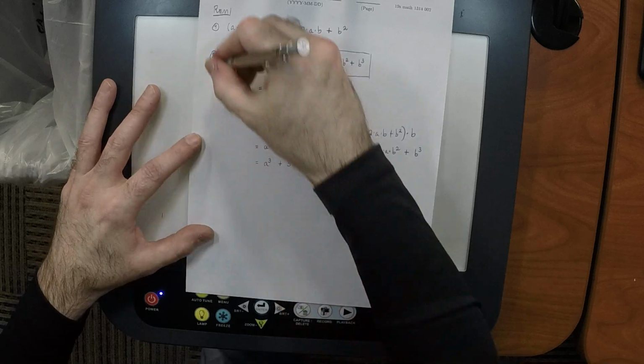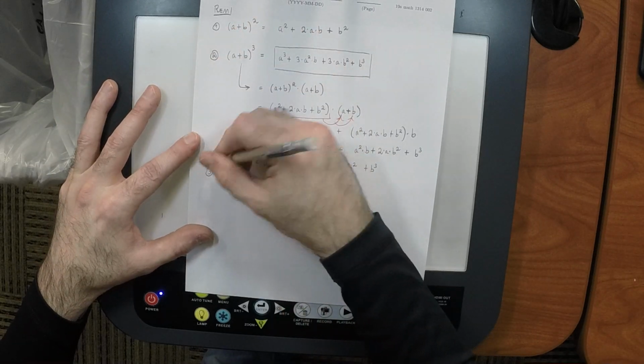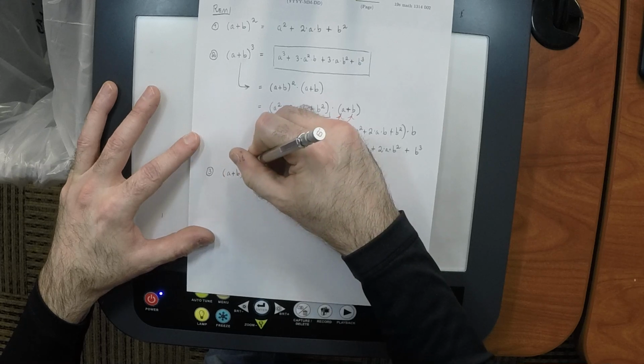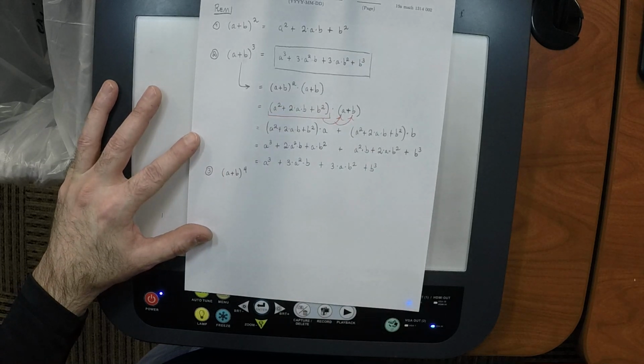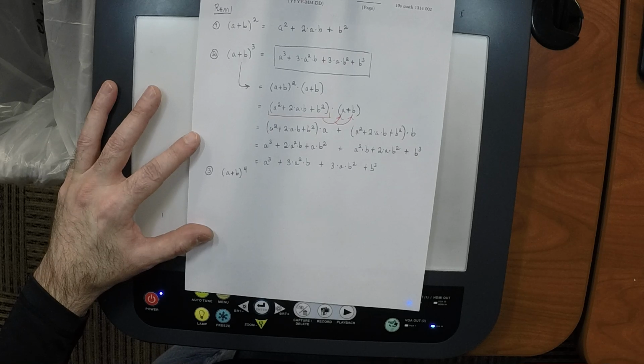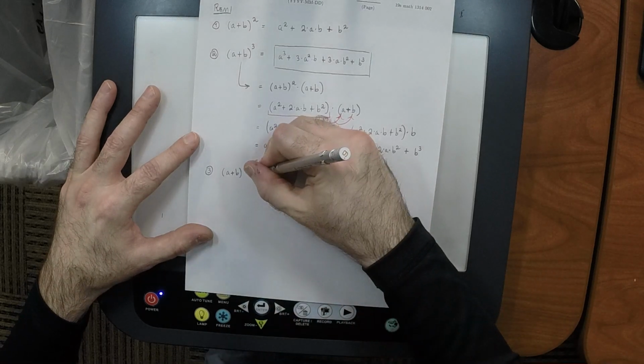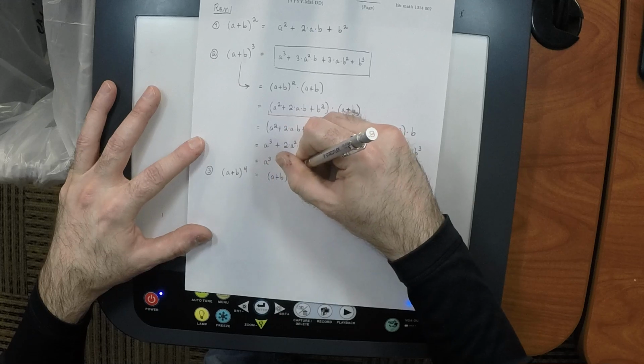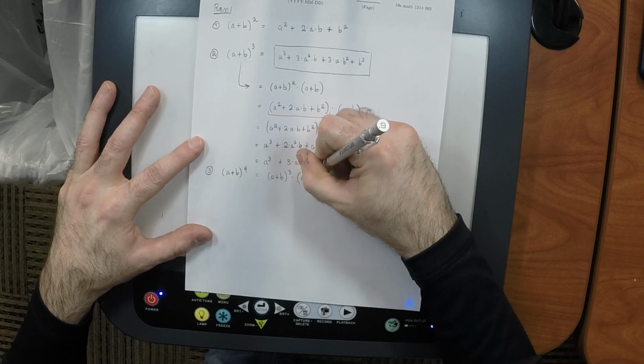All right. So then next, I could say, what about a plus b to exponent 4? What could we do? Take our answer there and just multiply by another a plus b. Right. So do you see that we could say, well, this should be a plus b cubed, and then one more a plus b.